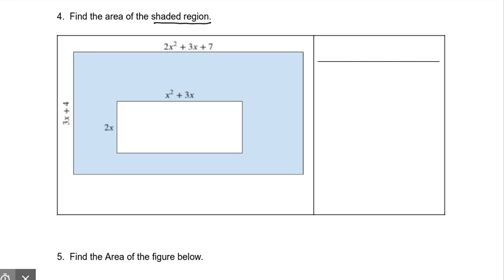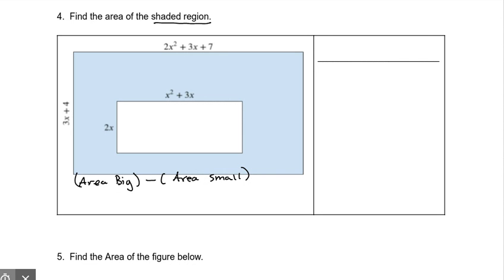Generally speaking, I first need to find the area of the big rectangle, or the big object, and I'm going to subtract the area of the smaller object, or the part that is not shaded. So for the bigger one, I have a binomial times a trinomial.